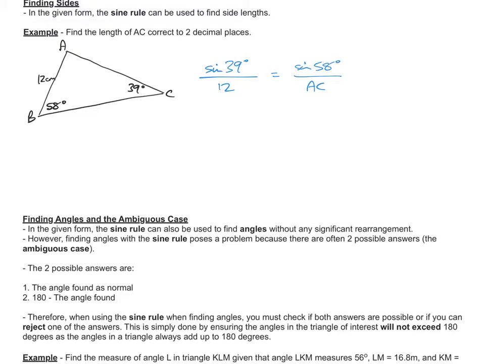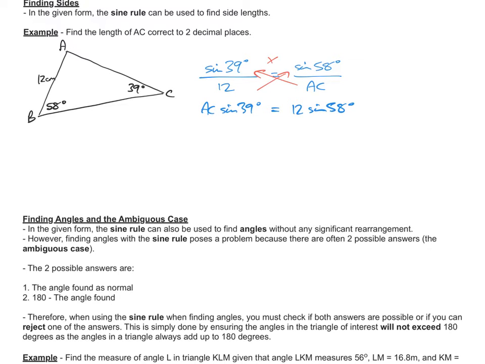Okay, so let's do some algebraic rearrangement. Cross multiply, times that by that, times that by that. So multiplying both sides, you would get AC sine 39 degrees is equal to 12 sine 58 degrees.